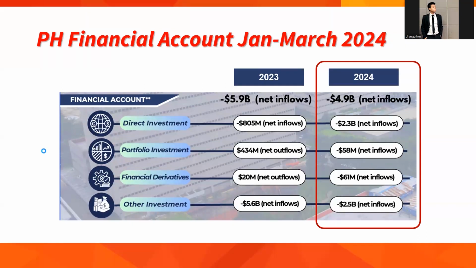Last is other investment. For our 2024 record, we have a negative 2.5 billion net inflows. Comparing it with the 2023 record, we have a decline in this particular account, and this decline is attributed to the withdrawal of residents' investments in foreign financial assets.